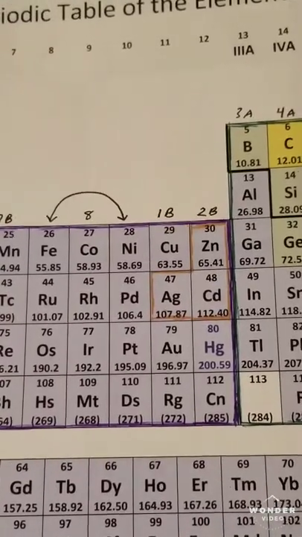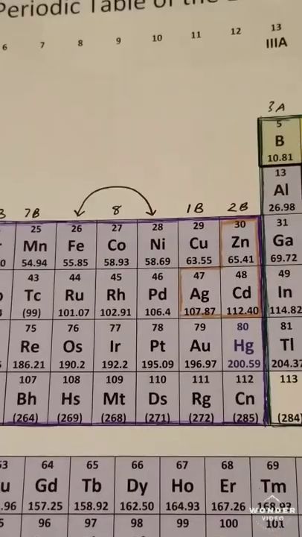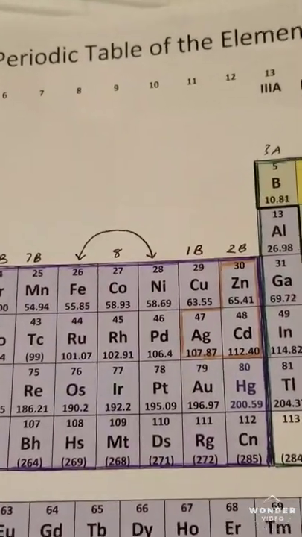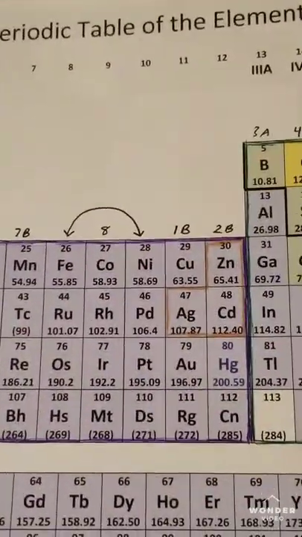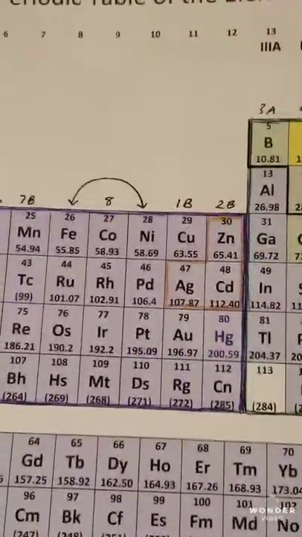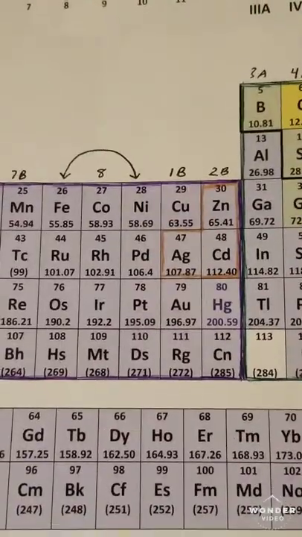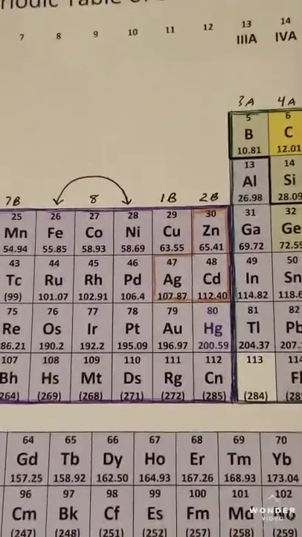Next one is helium, which is G, and helium is right as group number 8A. It's on the very top of group 8A on the very right. So group 8A, and it is a noble gas.